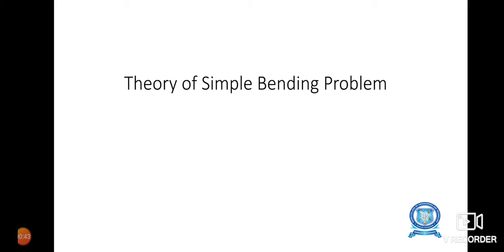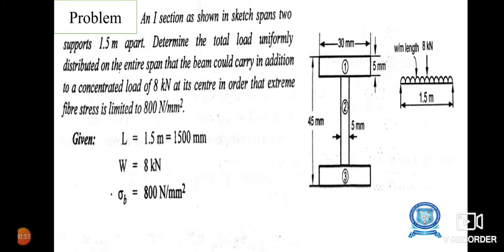So we have discussed the theory of simple bending problems. So that is the problem. An I section as shown in the sketch spans two supports 1.5 meter apart.